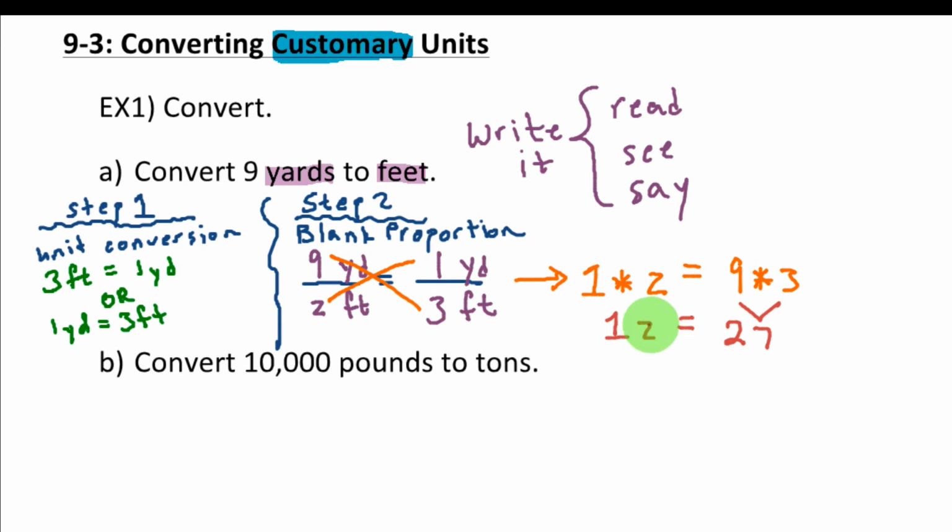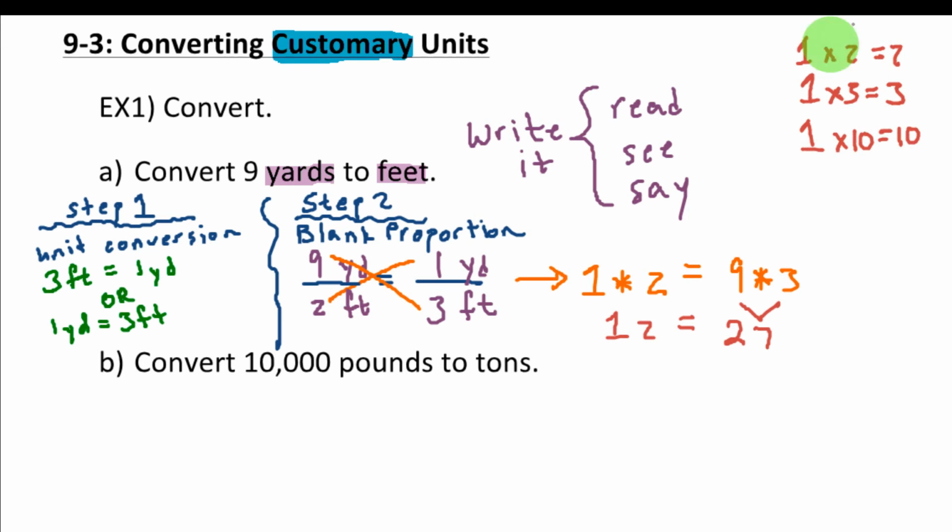Well, let's just pretend that z is a number. I'm just going to put some numbers up here. If we have 1 times 2, well, 1 times 2 is equal to 2. And what if z was a 3? Well, 1 times 3 would be equal to 3. And if z was 10, 1 times 10 is equal to 10.